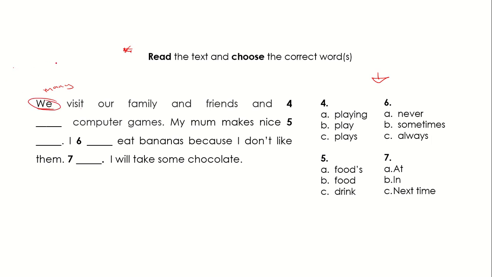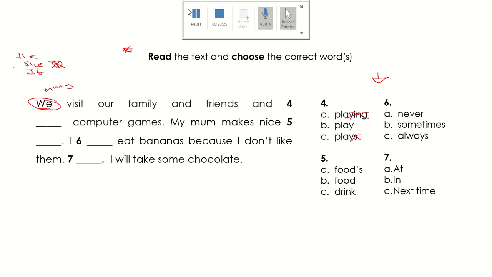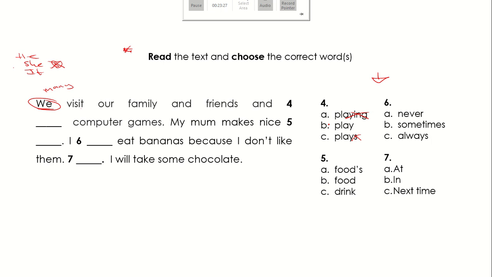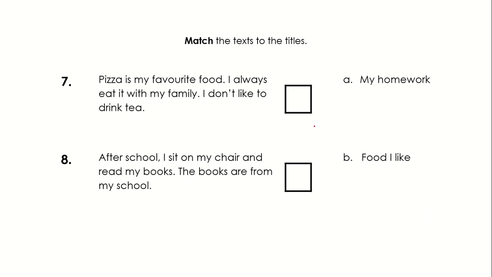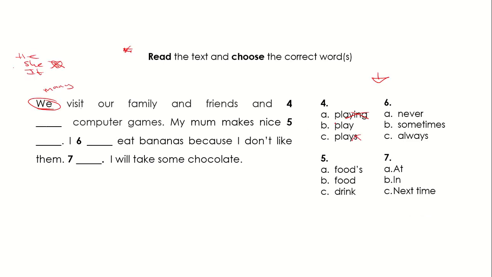Remember our rule, who loves us? He, she, it. Is this he, she, it? No. So we do not want S. Now we look at the others. Do I say we visit our family and friends and playing? No. I'm going to say play. Okay, so our answer is B, play.